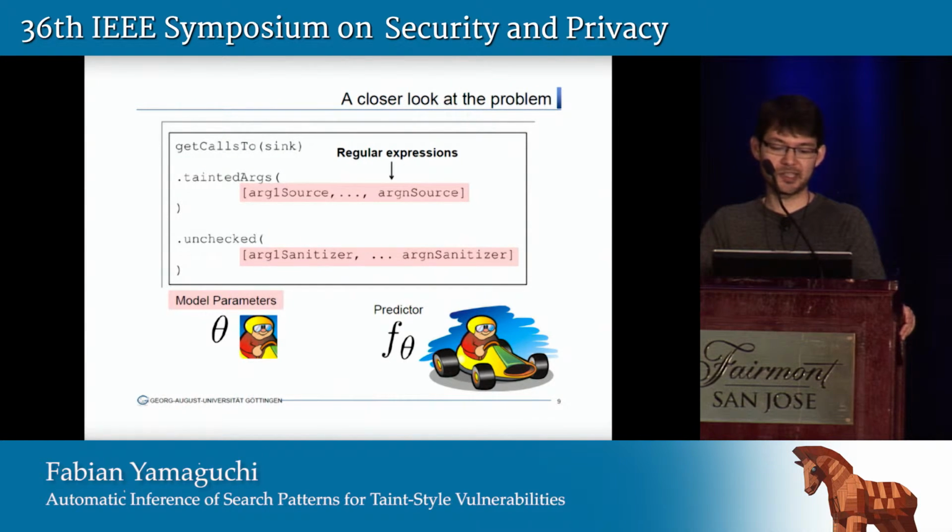So this is the template for Taint-Style Vulnerabilities, and essentially what we want to do is learn parameters of this template, so model parameters. In particular, these are the different initializations for the arguments, so what do the statements look like, and also what do the checks look like.